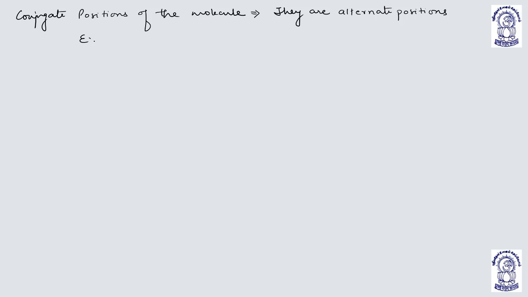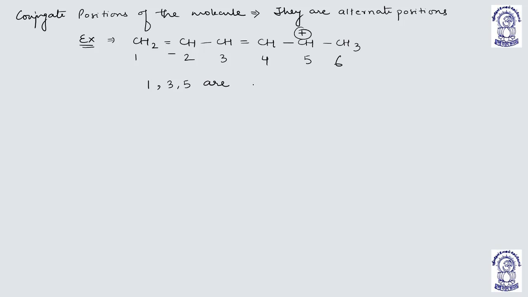For example, CH2 double bond CH, single bond CH, double bond CH, single bond CH, single bond CH. Suppose this is the molecule: you can see the double bond, then the single bond, then the double bond, and then a positive charge. These all are conjugate positions like 1, 2, 3, 4, 5, 6. So 1, 3, 5 are conjugate positions.